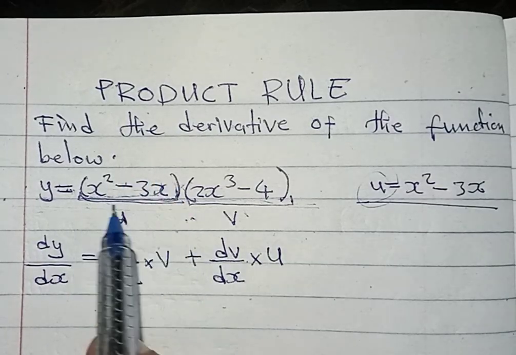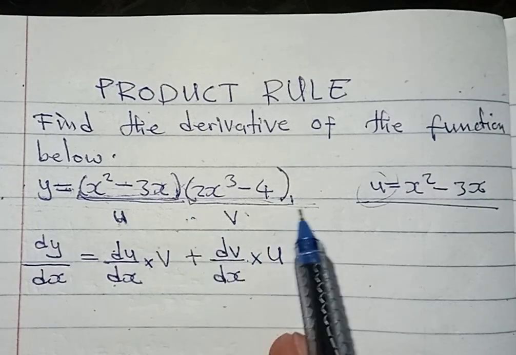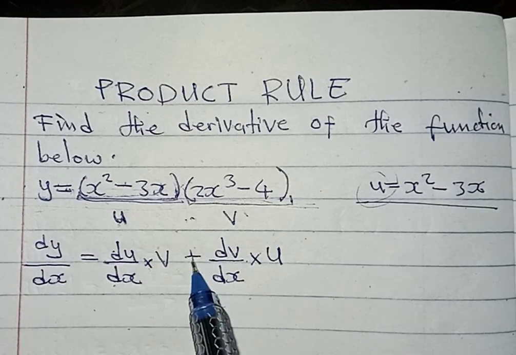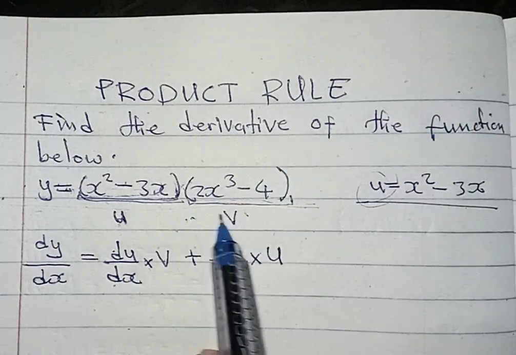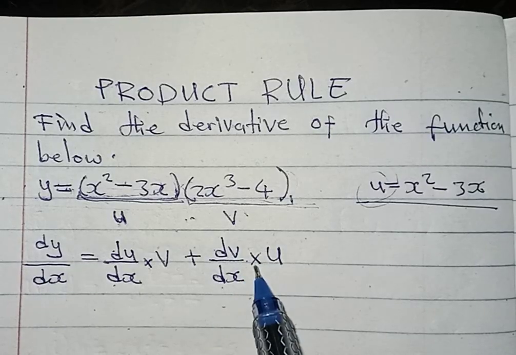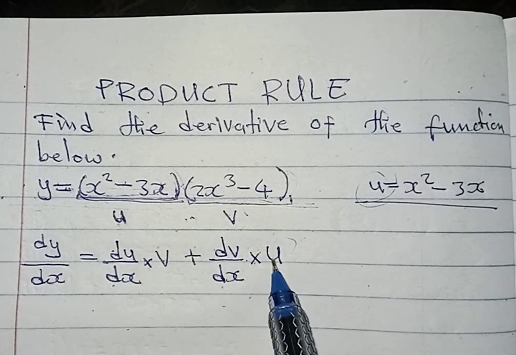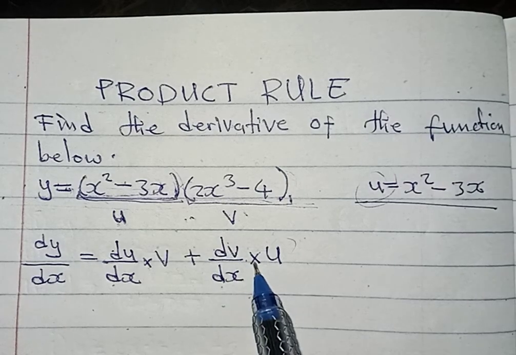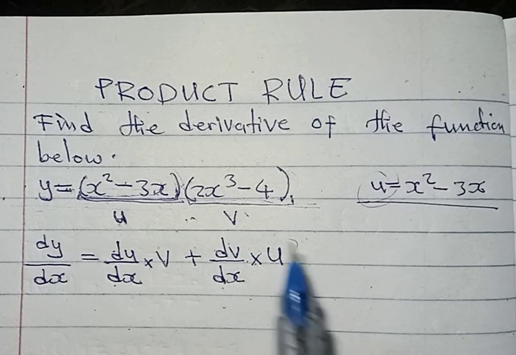Once we differentiate this function, we multiply it with the second function, v. Then we introduce addition and differentiate this function. This is the v function, so we say dv dx. We multiply this with the first function u, so dv dx multiplied by u. Let us follow the procedure.